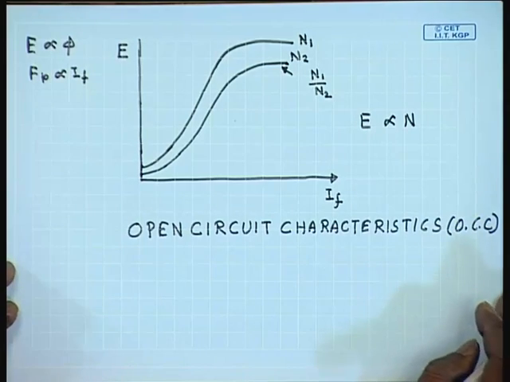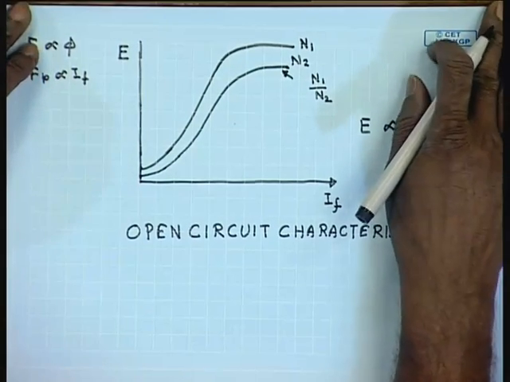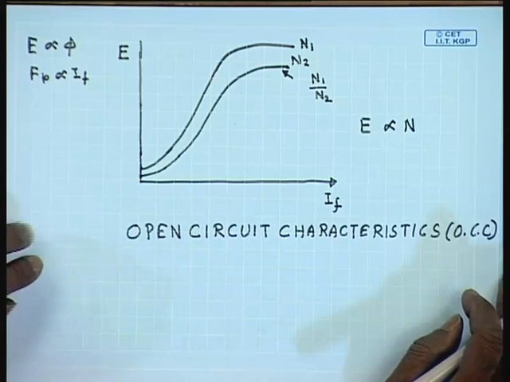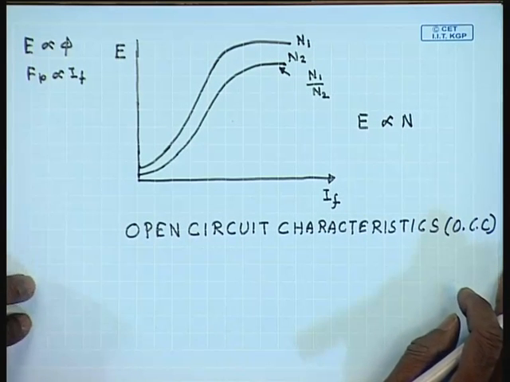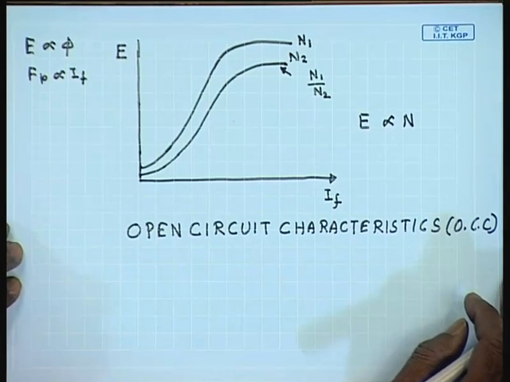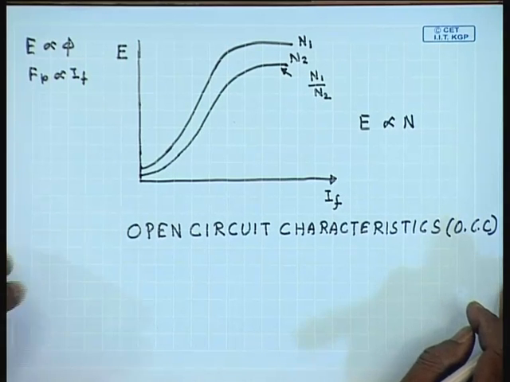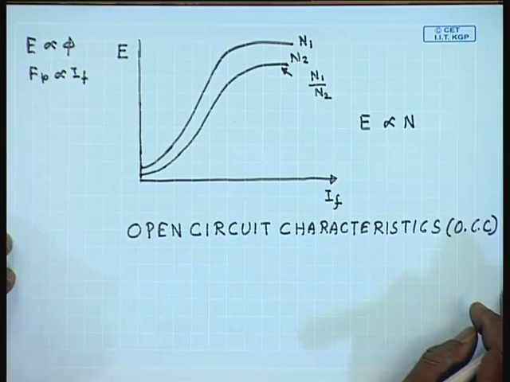It is to be emphasized that during the determination of O.C.C. the field winding is excited separately and the armature terminals are kept open. The machine is also operated as a generator at constant speed.